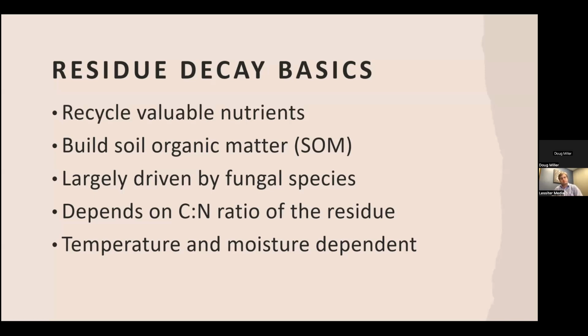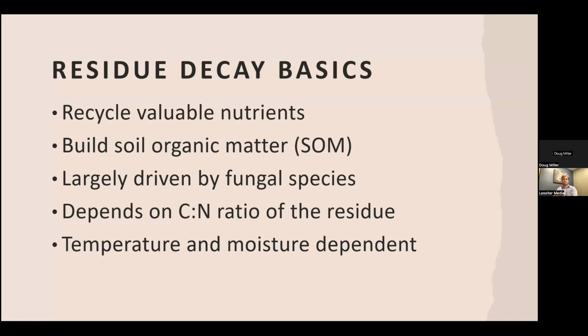We've talked about that. We've talked about who engages in residue decay and the fact that it's largely the fungal species. Bacteria play somewhat of a role, but anything you do to harm your fungal species in your soil is going to hamper your residue decay program. So reducing tillage is one of the big things that helps those fungal species.